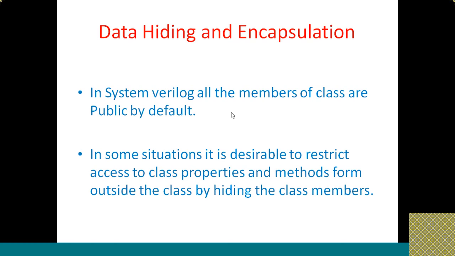But in some situations it is desirable to restrict access to some of the class properties and methods from outside the class. It can be done by hiding the class members. There the concept of data hiding comes into the picture.